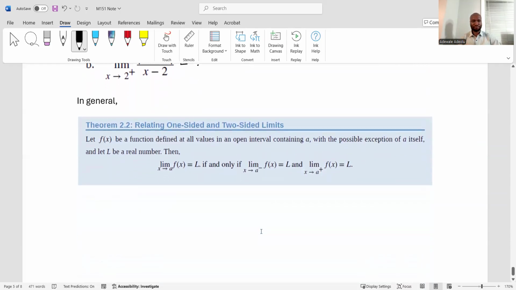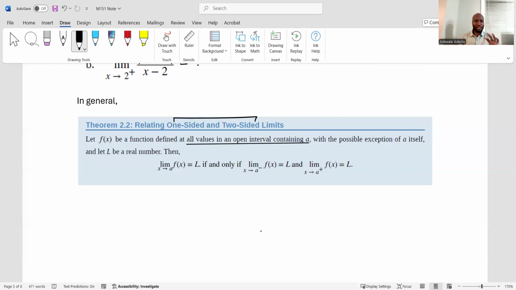In general, we want to relate one-sided limits to two-sided limits. It's what I've said, and I've used it. In general, we'll say if f of x is a function that is defined on all values in an open interval that contains the a you are trying to get to, with the possible exception of a itself, right?